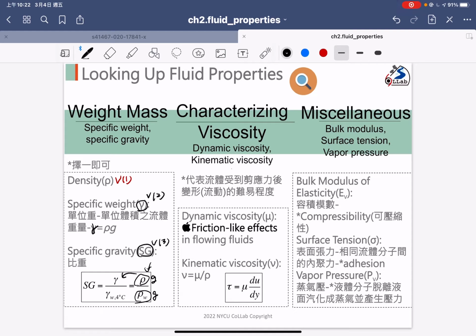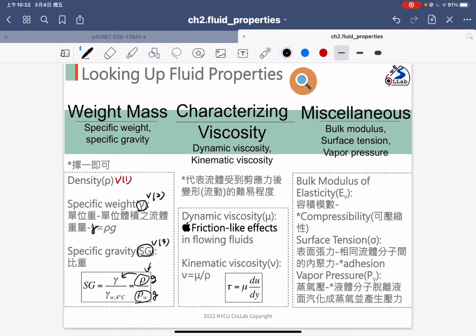Okay, so the fourth property is the dynamic viscosity. I always emphasize viscosity is a very important property in our class. Okay, so the fifth is the kinematic viscosity. So you can compare the two parameters.